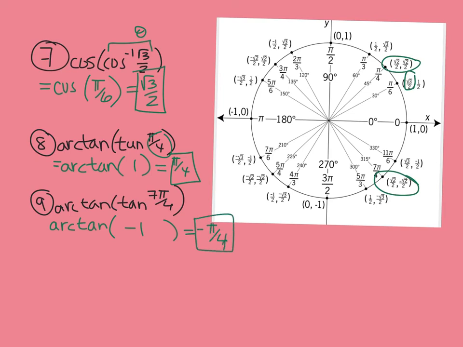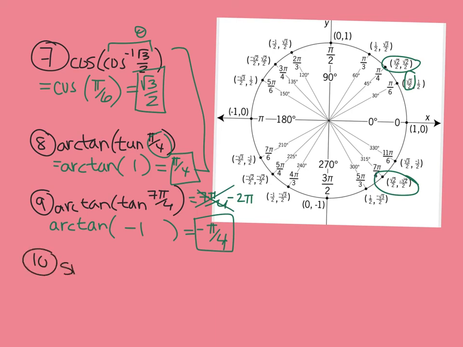So actually, you can use the properties of inverses, knowing that an inverse function undoes a regular function and vice versa. For these types of things, the only issue that is going to come up is if you try to use that property and get 7 pi over 4. That's not in the domain of arctangent, so you're not allowed to do that. You would have to find a coterminal angle. And you actually could find a coterminal angle by doing 7 pi over 4 minus 2 pi, which gives you negative pi over 4.